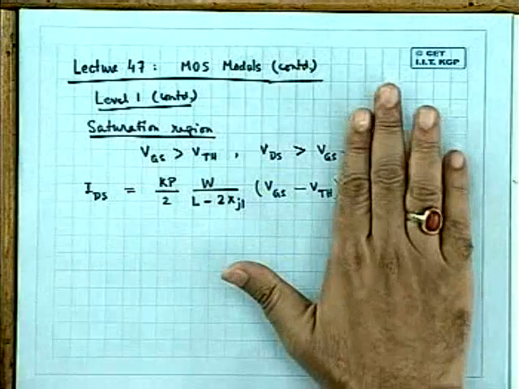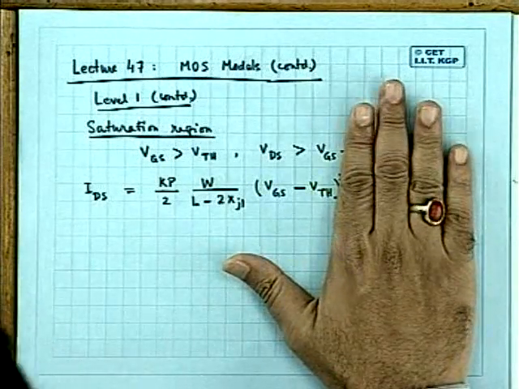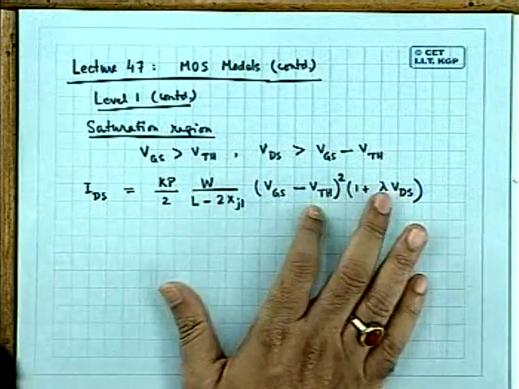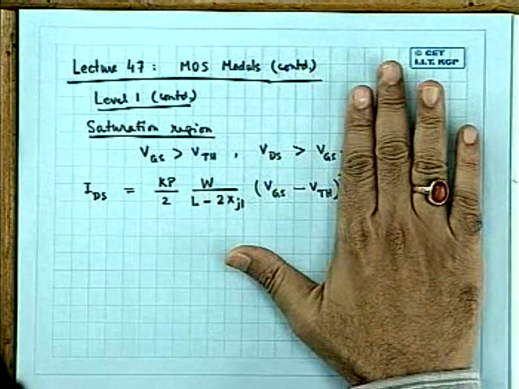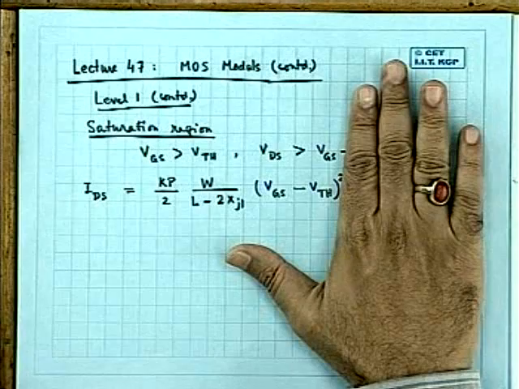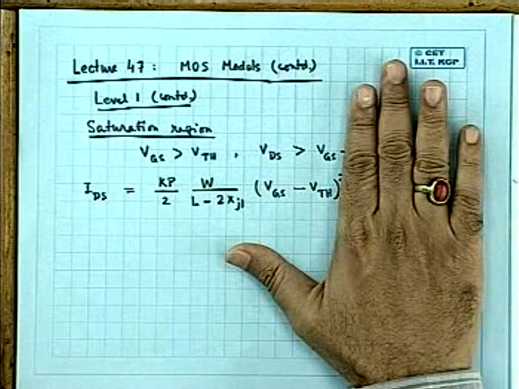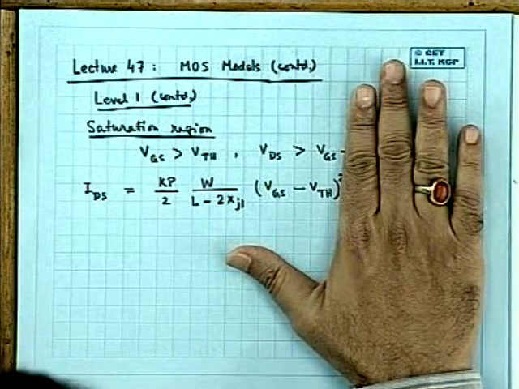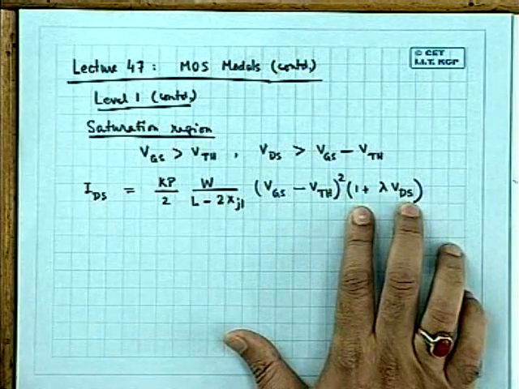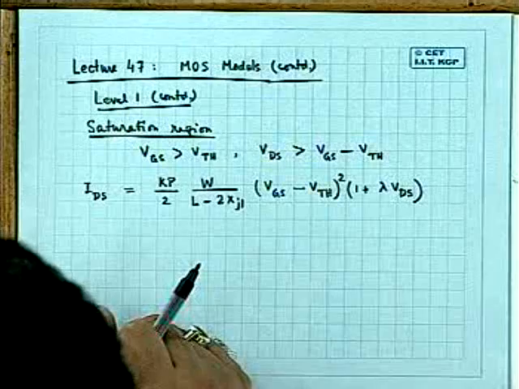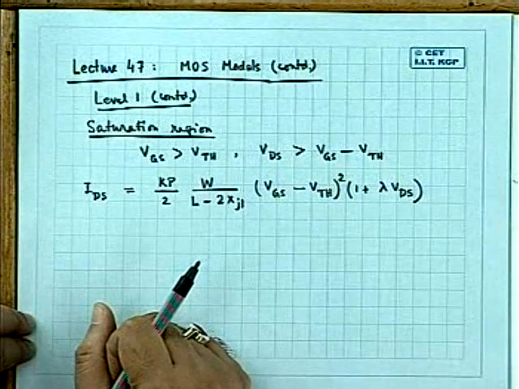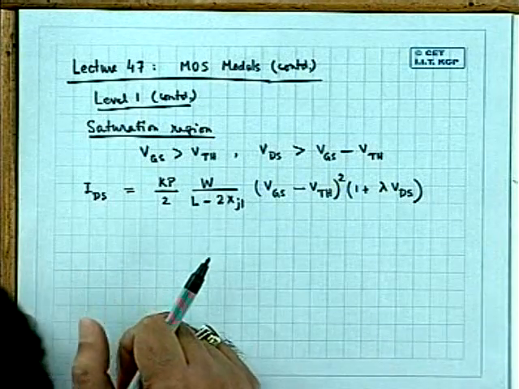If I do not consider the second term, this is a square law relationship, and you remember it is independent of VDS, perfect saturation. However, due to the channel length modulation effect, we have incorporated this multiplier 1 plus lambda VDS. Lambda is called the channel length modulation parameter, which is one of the SPICE parameters.